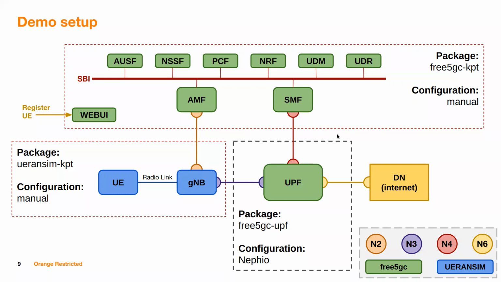Thanks. Yeah. By the way, Piotr, there is another question from Aravind, but he cannot join. He asked, what is the role of the free5GC operator if the kpt package already contains the required KRMs to deploy NFs? Is the UPF deployment CR used in this flow? Yeah. So to answer it, as I mentioned here, the UPF configuration is done by Nephio.